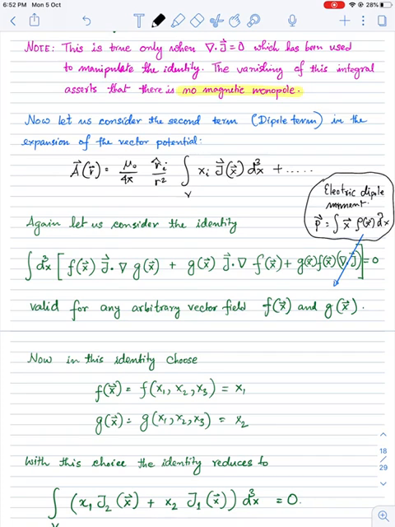So for a given charge density, this was the electric dipole moment which we had seen before in electrostatics.